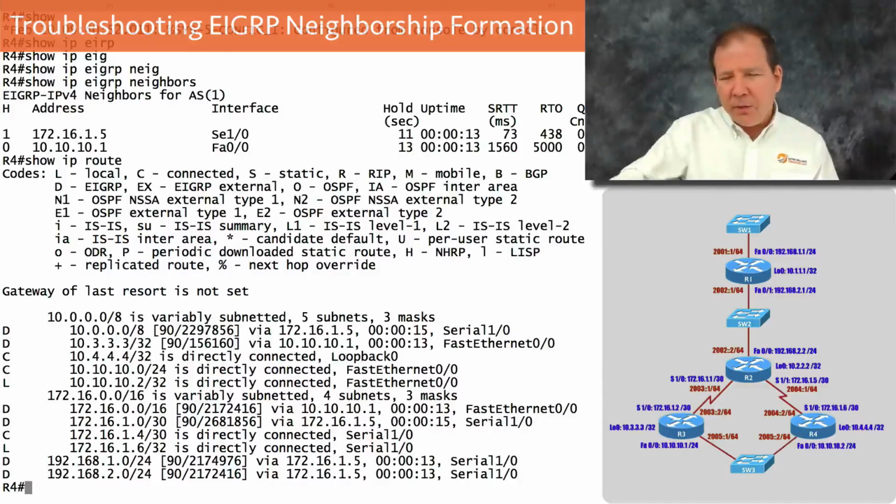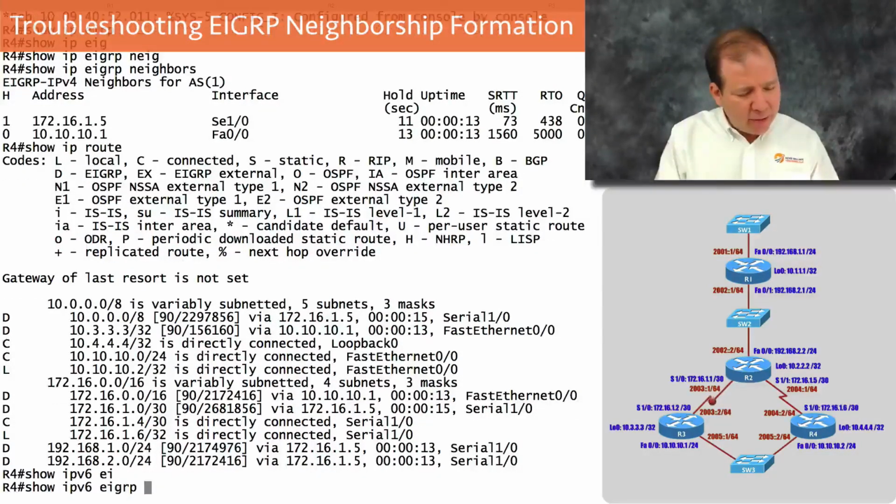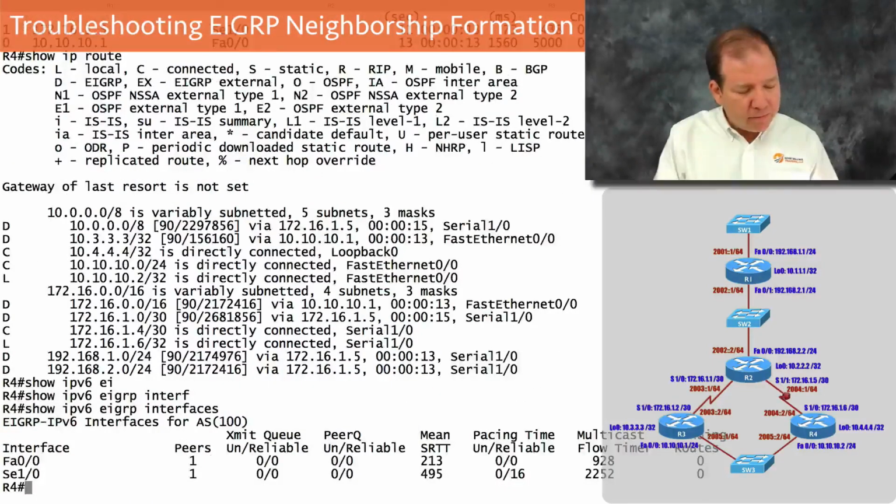Now, it's really similar for IP version 6, and you'll notice in the topology that I've got some IP version 6 addresses configured. Let's make sure we know how to look at the contents of these databases for IP version 6. It's very similar. We can say show IPv6 EIGRP interfaces, and we can see that on R4, I've got the interface going to R2 and the interface going to R3.